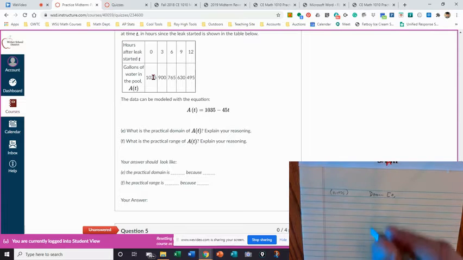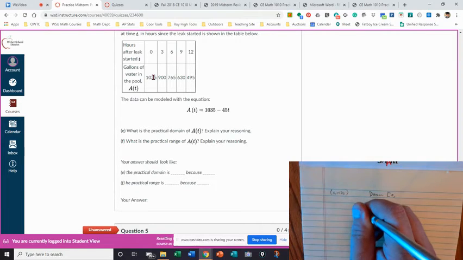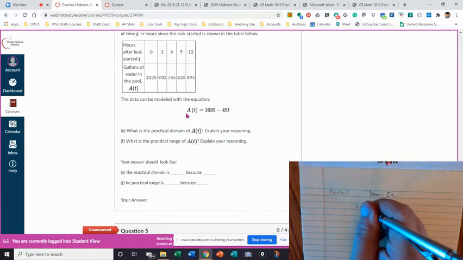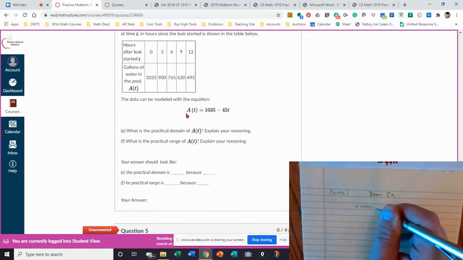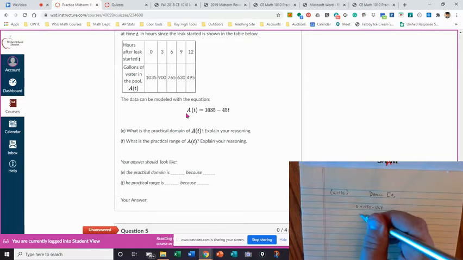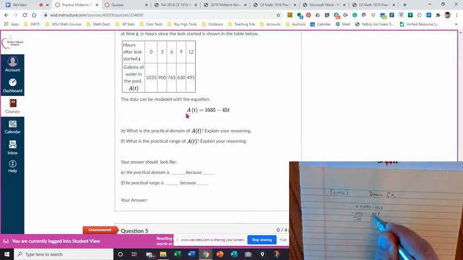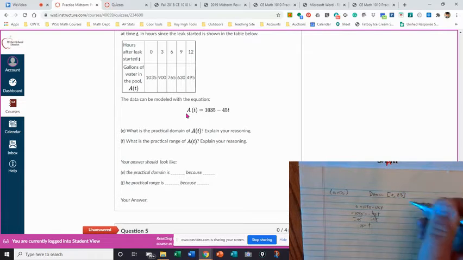If I set 0 equal to the amount in the pool, so 0 equals 1,035 minus 45t, and then I solve that, I'd get negative 1,035 equals negative 45t. Divide by negative 45 on each side, and I get t equals 1,035 divided by negative 45, which is 23. So that tells me at 23 hours, the pool is going to be empty.